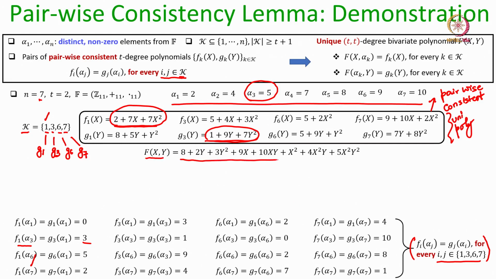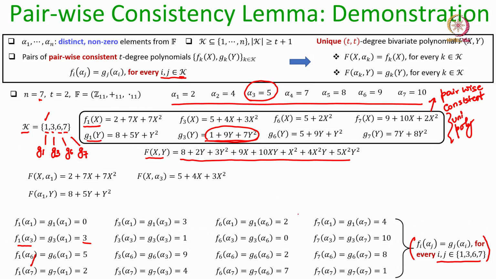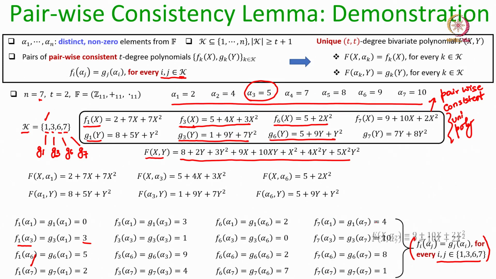So, this is my 2 degree bivariate polynomial whose first row will be the given f1 of x, and whose first column will be the given g1 of y, whose third row will be this f3 of x polynomial, and whose third column will be this g3 of y polynomial, whose sixth row will be this f6 of x polynomial, and whose sixth column is this y univariate polynomial, and whose seventh row polynomial is this x univariate polynomial, and whose seventh column is this y univariate polynomial.